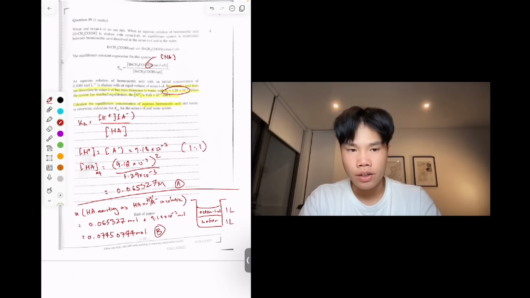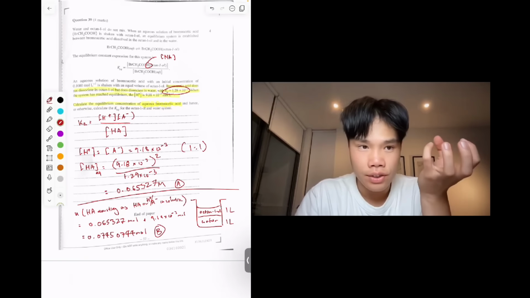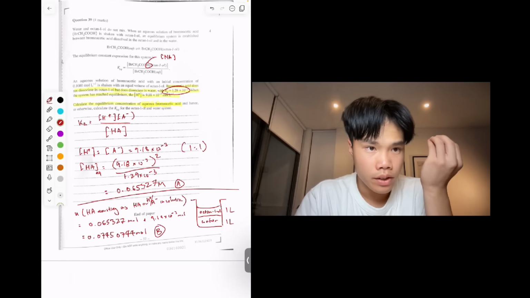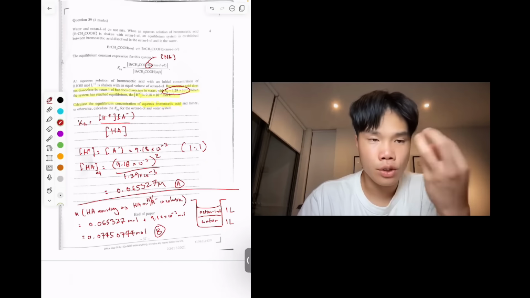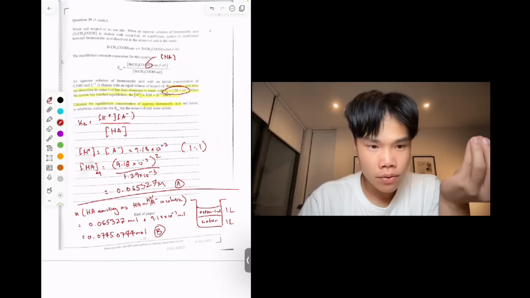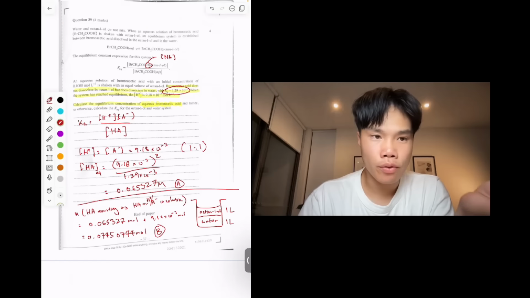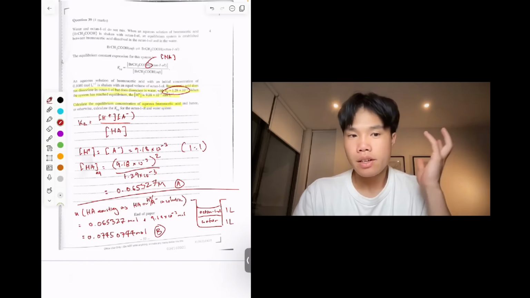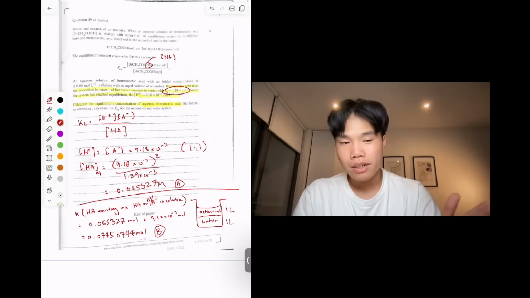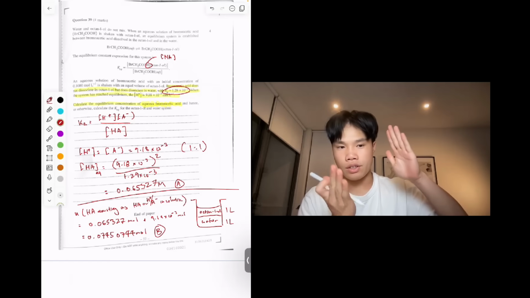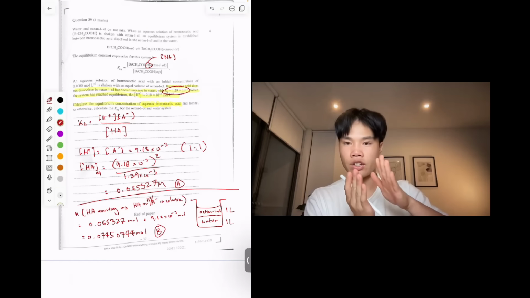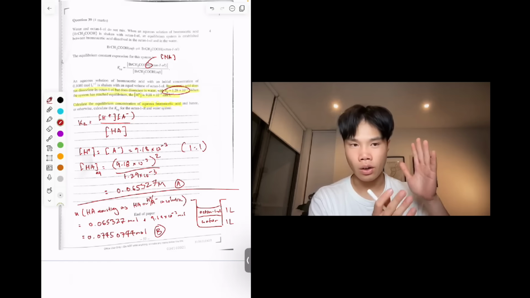So what this tells you is that of all the HA that initially existed in the 0.1 mole per liter solution, 0.0745 moles per liter of that amount is going to exist in aqueous solution. That means that the remainder of the difference between 0.1 and 0.0745 moles exists as HA, undissociated in octan-1-ol.